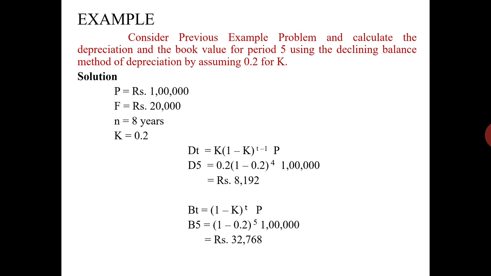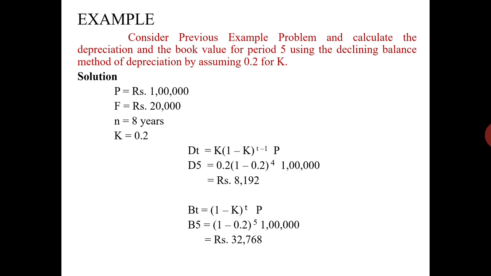This is the next problem. Consider the previous problem and calculate the depreciation and the book value for period 5 using the declining balance method of depreciation by assuming 0.2 for K. Solution. Capital P equals rupees 1 lakh, salvage value F equals rupees 20,000, N equals 8 years, and fixed percentage K equals 0.2.